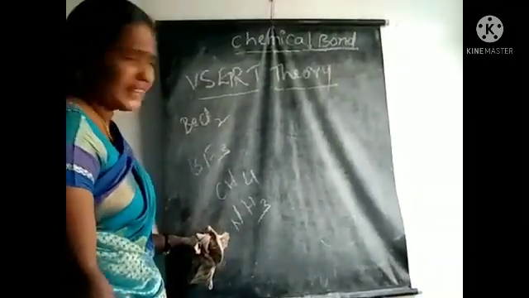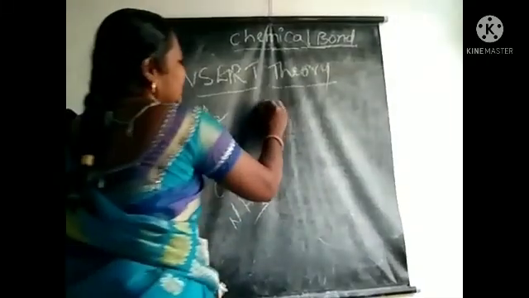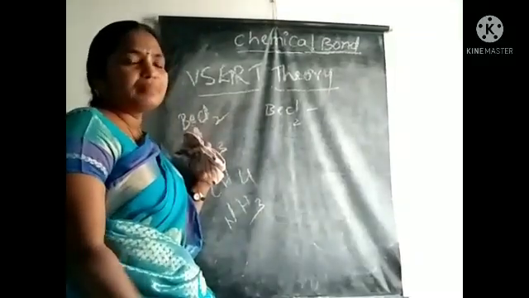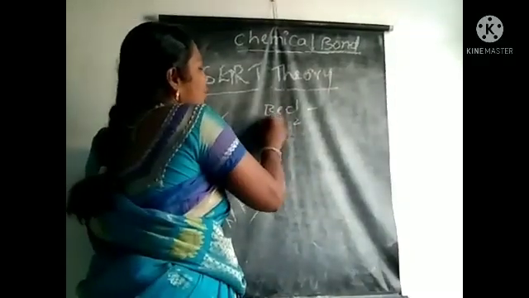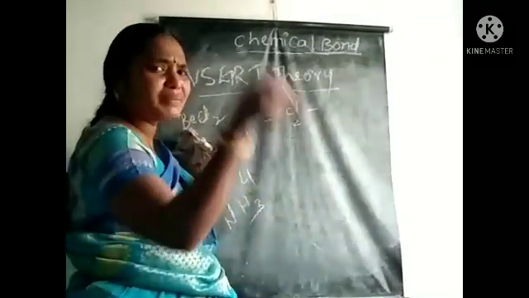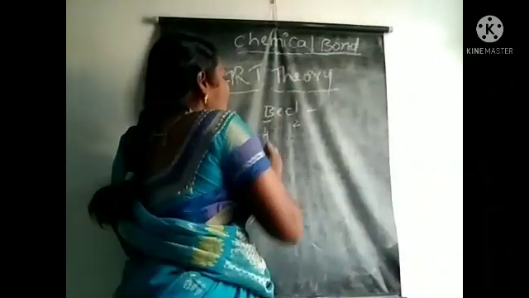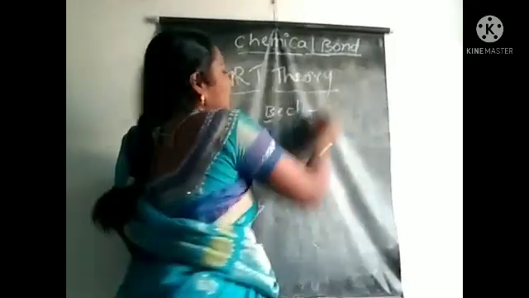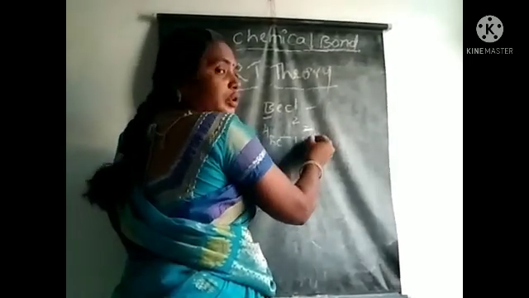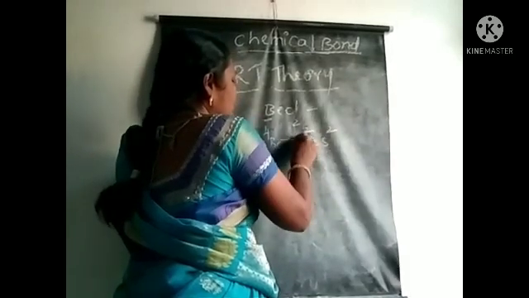Okay, first BeCl2. Beryllium: what is the atomic number of beryllium? Hydrogen, helium, lithium, beryllium: 4 is the atomic number of beryllium. So the electronic configuration of beryllium is 1s2, 2s2.